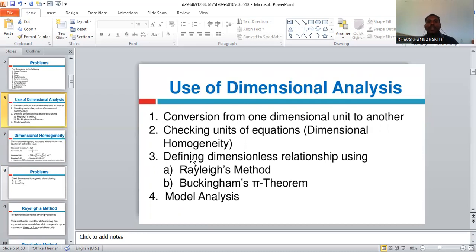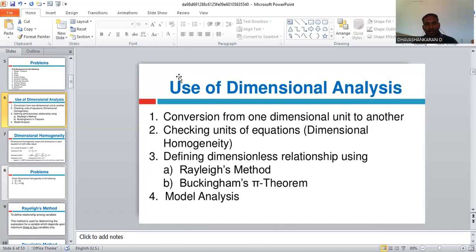Then next we have to see defining the dimensional relationship between Rayleigh's method and Buckingham's pi theorem method. In Rayleigh's method, we can use up to 4 variables for dimensional analysis. When the number of variables increases to more than 5, 6, 7, we solve using Buckingham's pi theorem method.